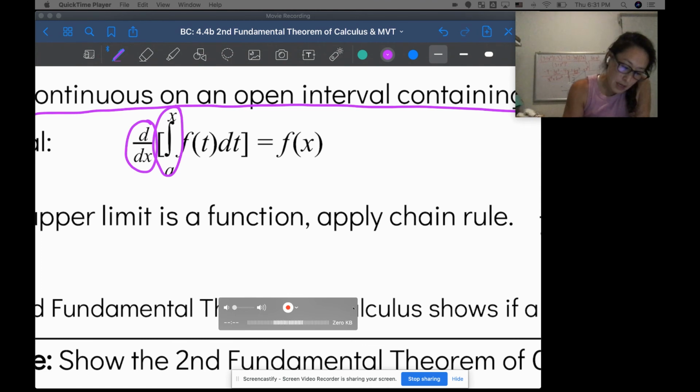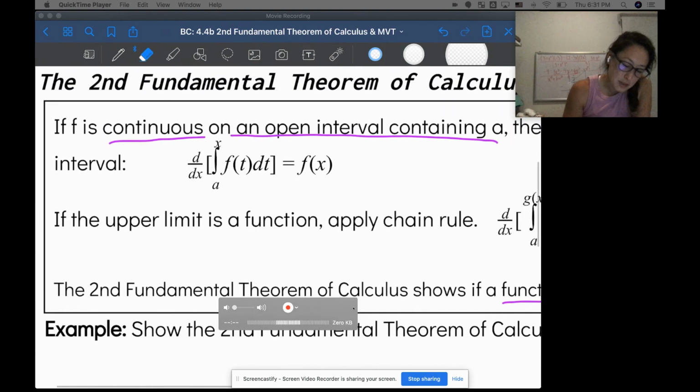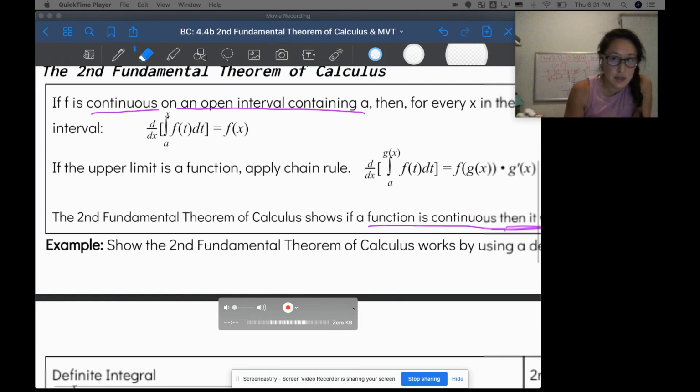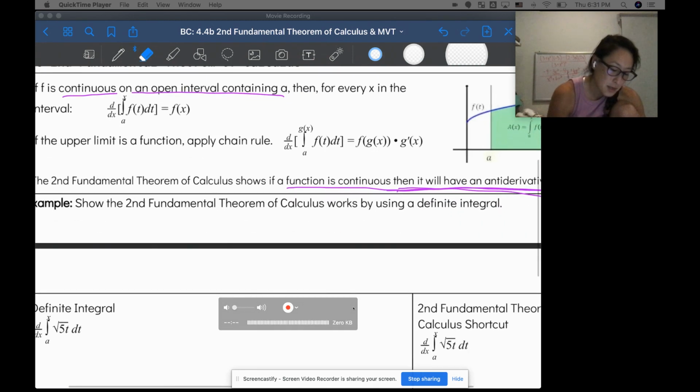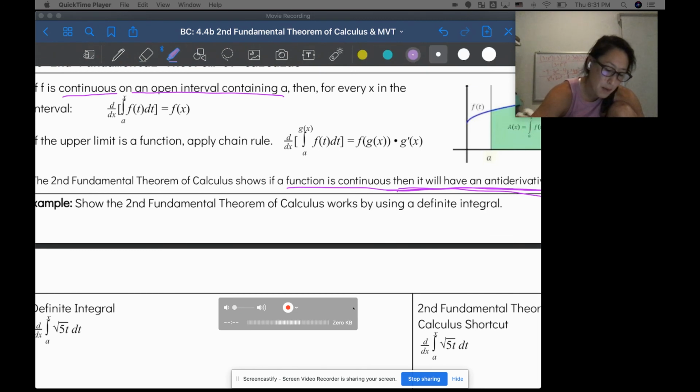So it's like the derivative of the antiderivative is itself, basically. So if one of our bounds is a function, we just have to apply the chain rule.